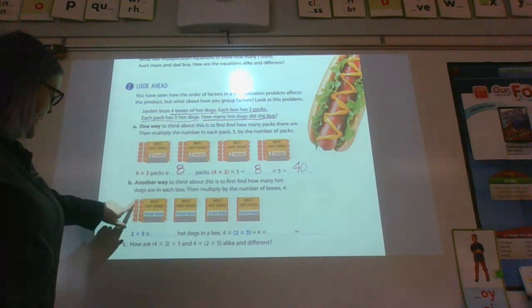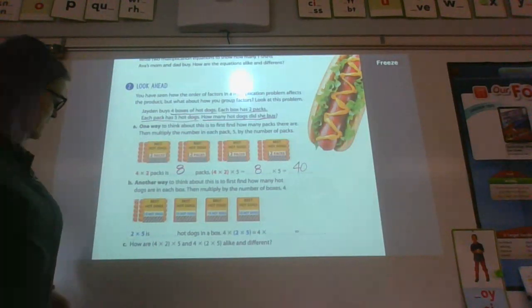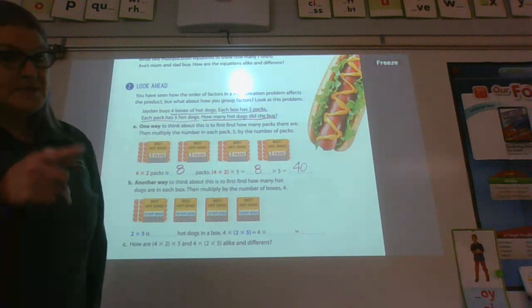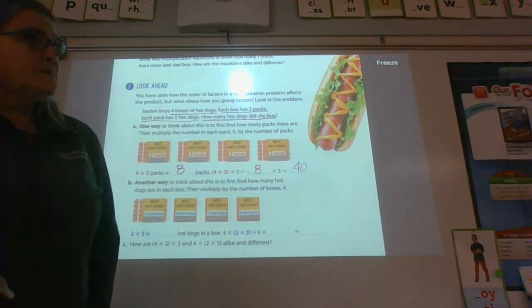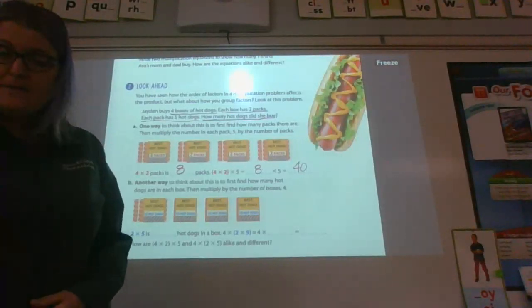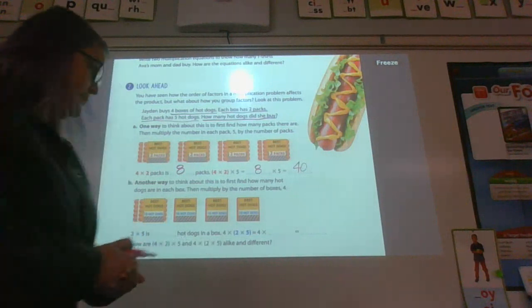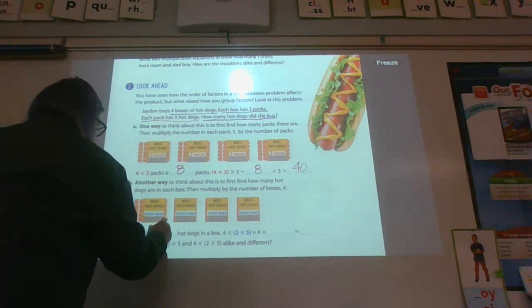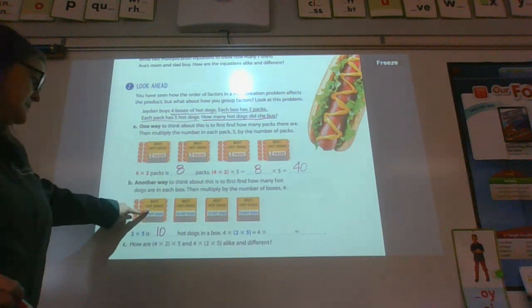So in 2 packs, 5 here, 5 here, if we know our doubles, 5, 10. If you want to count by 2s just for practice, 2, 4, 6, 8, 10, right? So 10 hot dogs in 1 box.